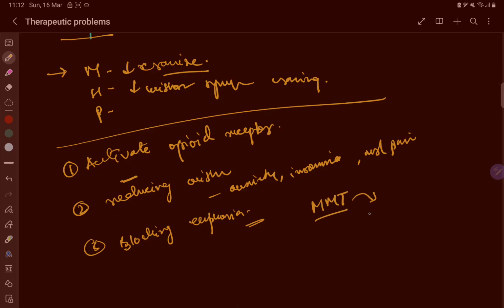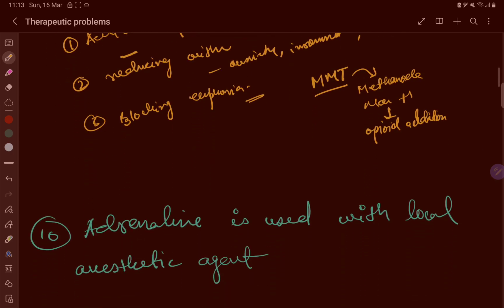Methadone treatment is known as MMT, not make my trip. It is methadone maintenance therapy for opioid addiction. How does it help? Number 1, it reduces the opioid use.